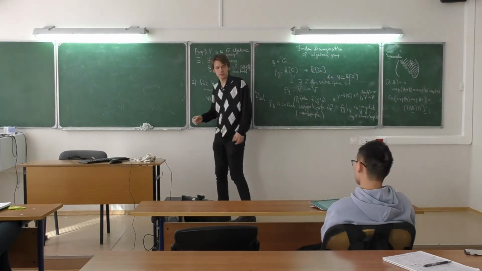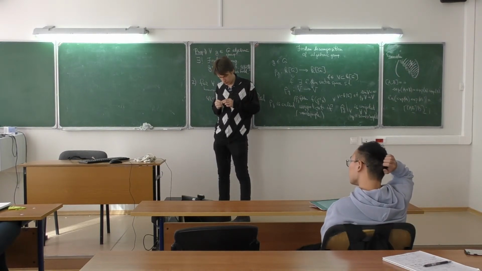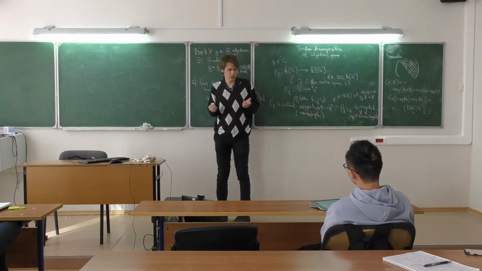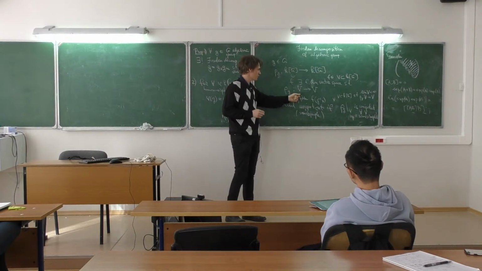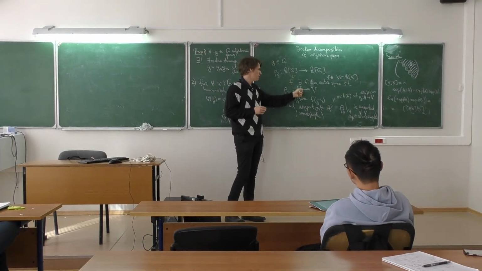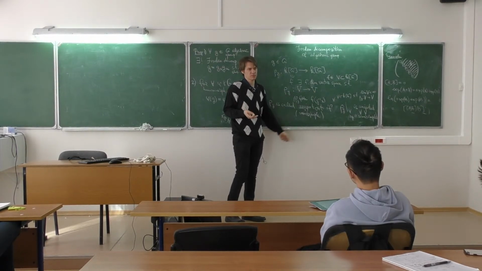When we talked about uniqueness, we needed a fact: if two elements act the same on K of G, then they are the same. They act the same way on all elements, which are embedded in the finite dimensional space. So they act the same way on the whole K of G.